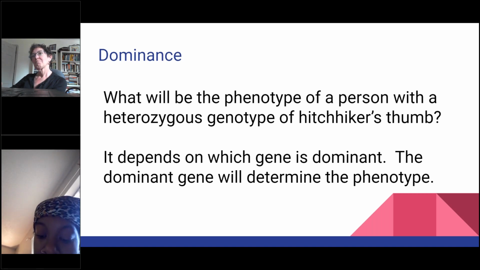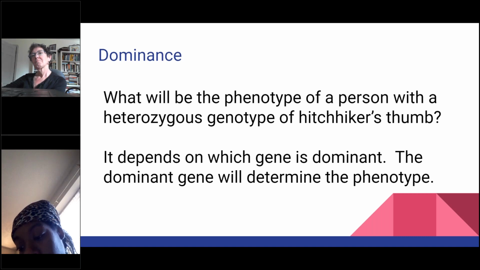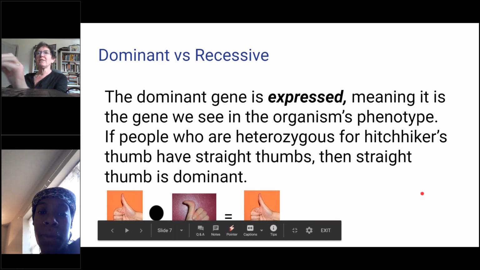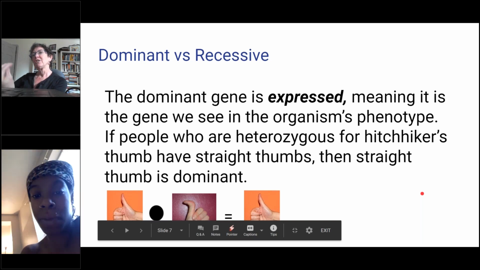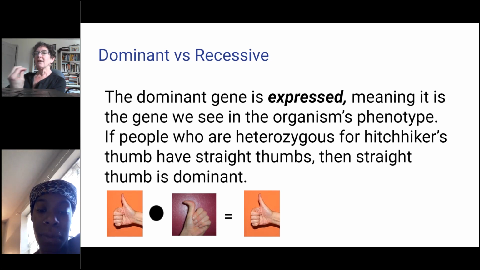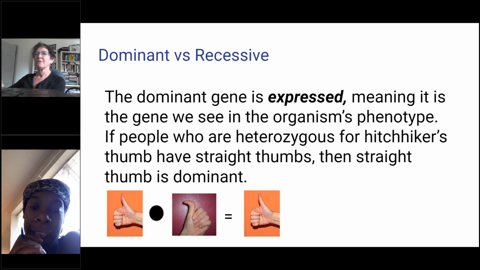Okay. So the dominant gene is expressed. That's the term we use for that, the dominant gene is expressed, meaning that's the one we see in the organism's phenotype. If people who are heterozygous for hitchhiker's thumb have straight thumbs, then straight thumb is dominant.